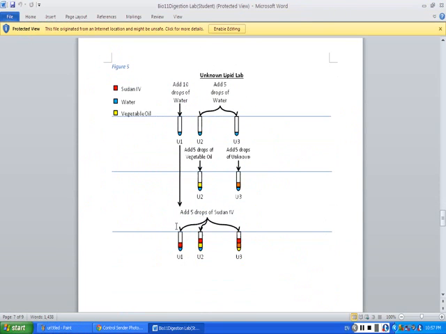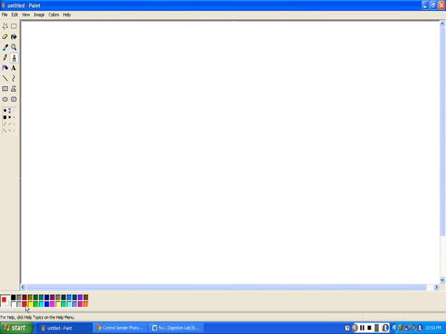Finally, we have the Sudan 4 test for lipids, or triglycerides in particular. So in this very first one, we're adding water with Sudan 4. Sudan 4, once again, is a fat indicator, a triglyceride indicator.